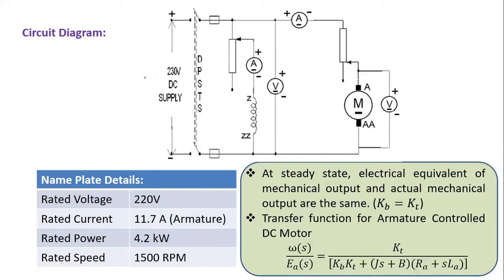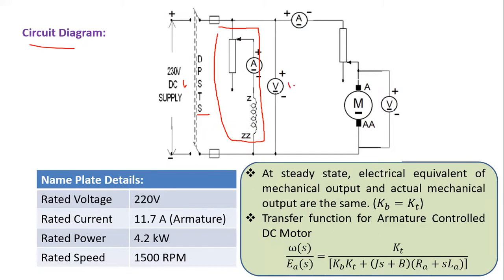Coming to the circuit diagram. If you observe this circuit, here we have the DC supply given through a DPST switch. Here we have fuses, and this one is the field rheostat, which we give to the field circuit. This is the field circuit. From the rheostat we give an ammeter to the field winding, and it is again returned to the source.